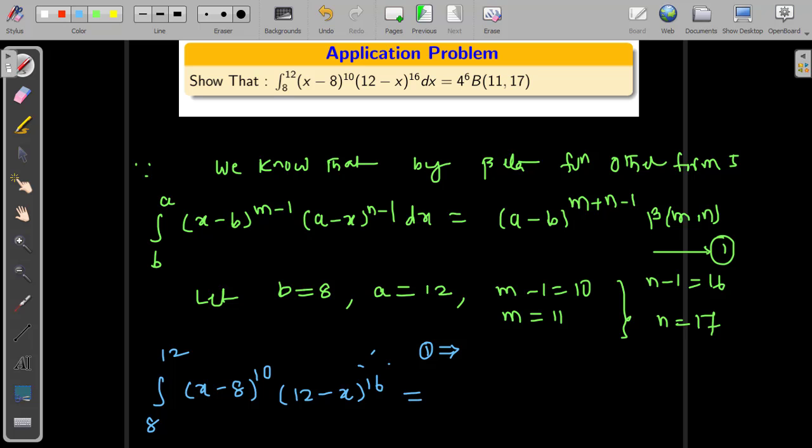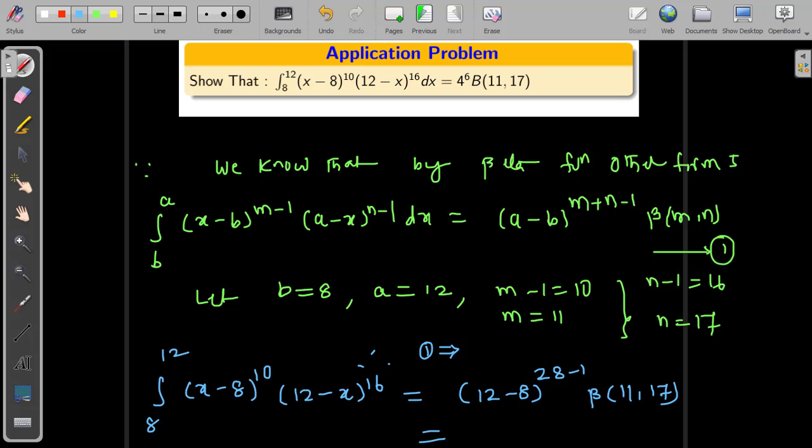This is equal to the right side: a minus b, 12 minus 8, power m plus n minus 1. m plus n is 11 plus 17, which is 28, minus 1, multiplied with beta of m comma n, that is beta of 11 comma 17.